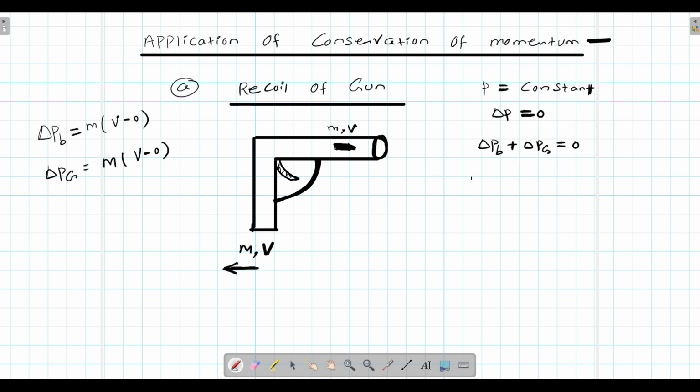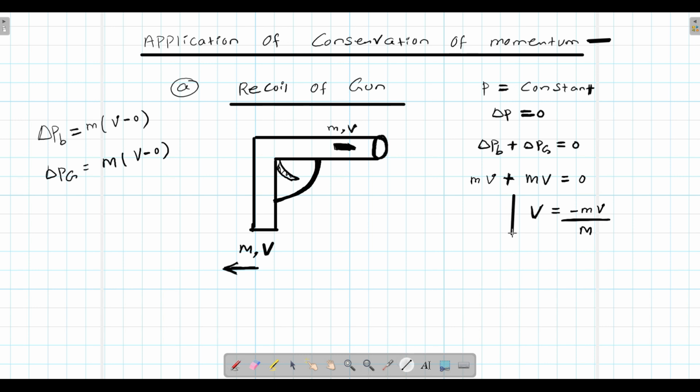So small m into small v plus change in momentum of gun, capital M into capital V, equals 0. So capital V equals minus small m into small v divided by capital M.